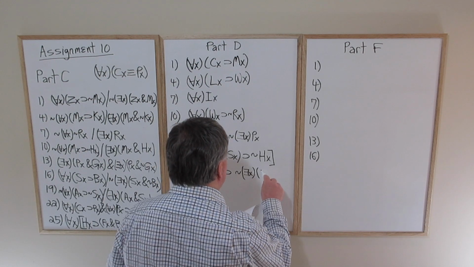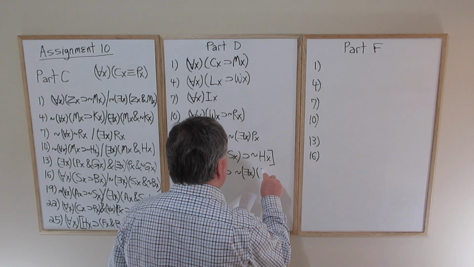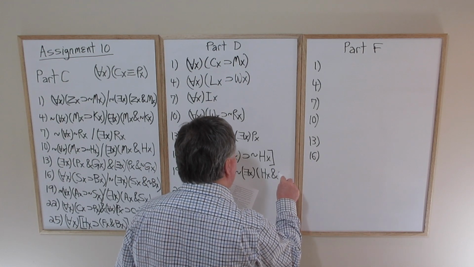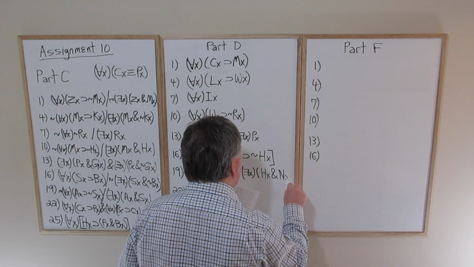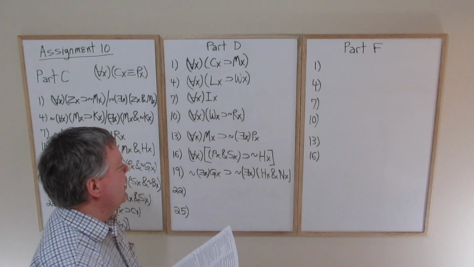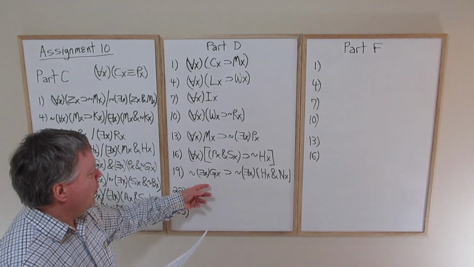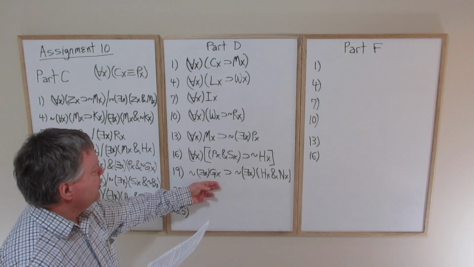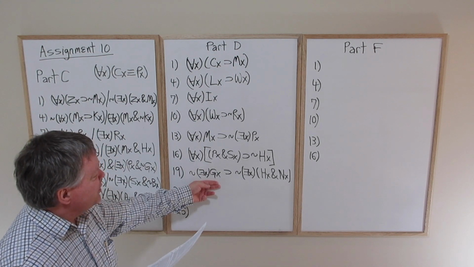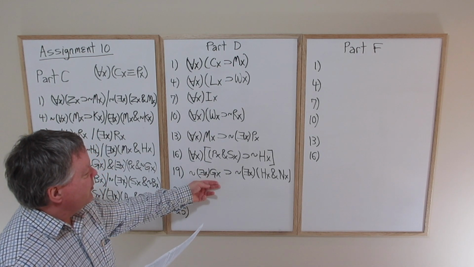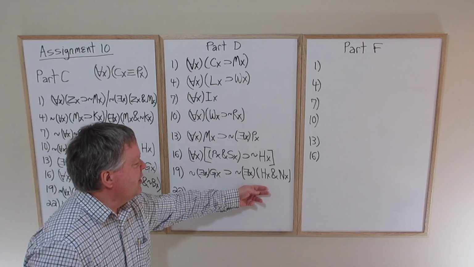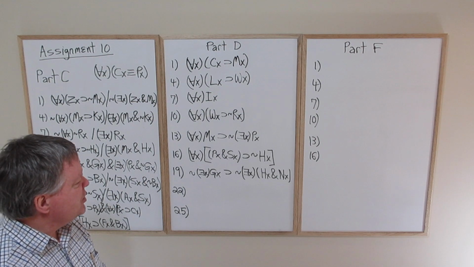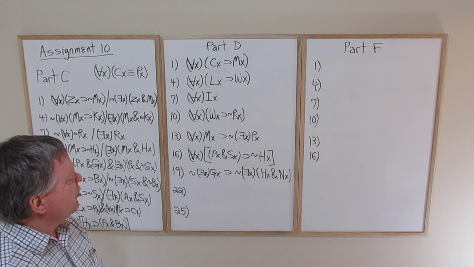So it's not the case that there exists an X such that X is a house and X is haunted. So that gives us a conditional with the negation of an existentially quantified simple sentence as the antecedent, the negation of an existentially quantified conjunction as the consequent.